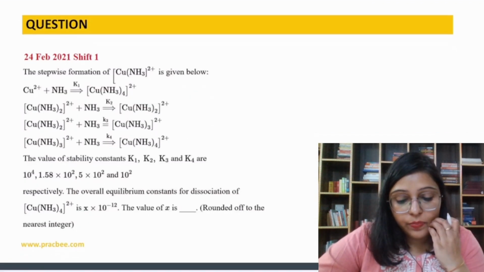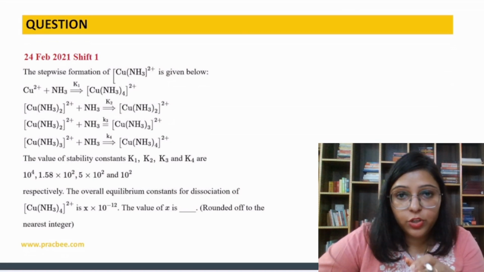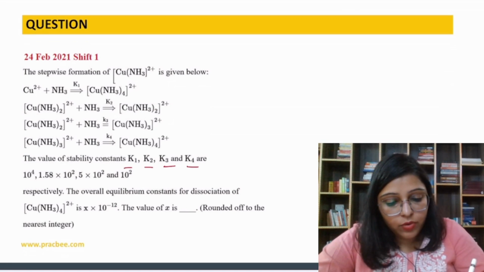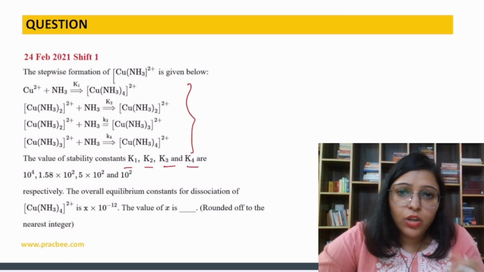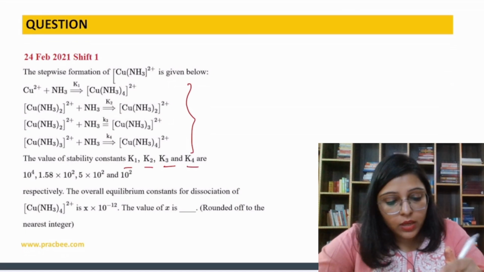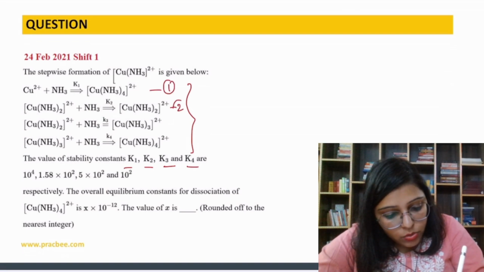Okay, now this question. The stepwise formation of this is given below, and we have the stability constants K1, K2, K3 and K4 for the respective reactions. So the overall equilibrium constant has to be found for the dissociation of this one. See, this is equation 1, this is equation 2, this is equation 3 and this is equation 4.